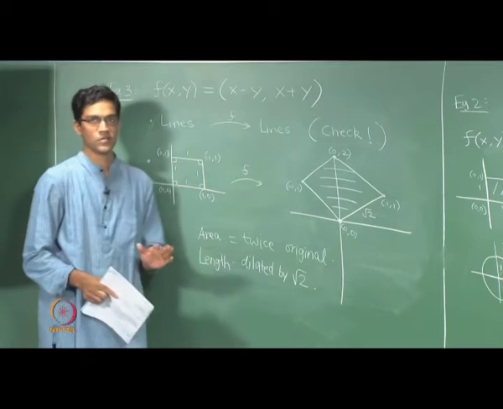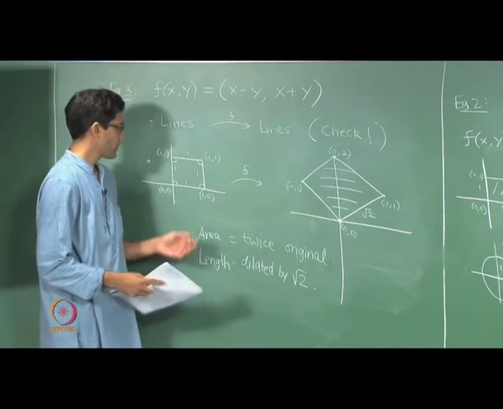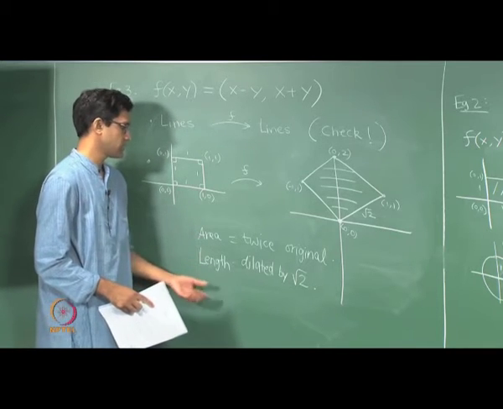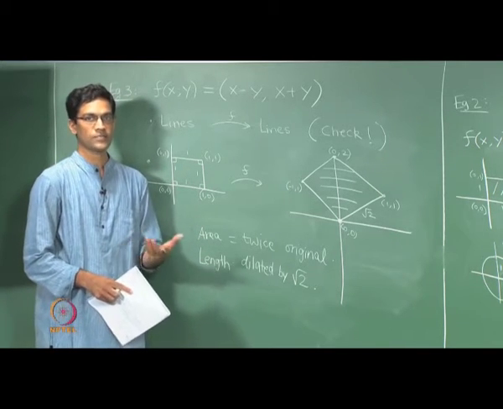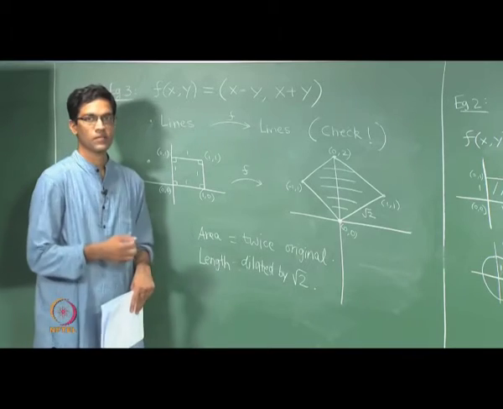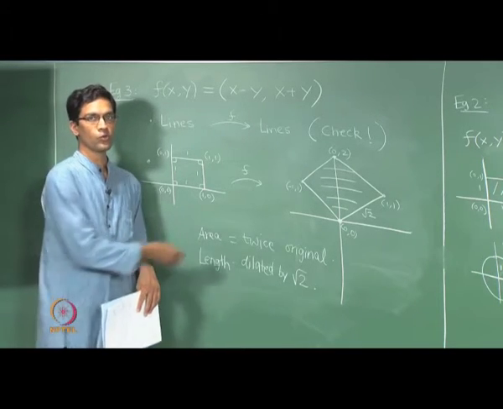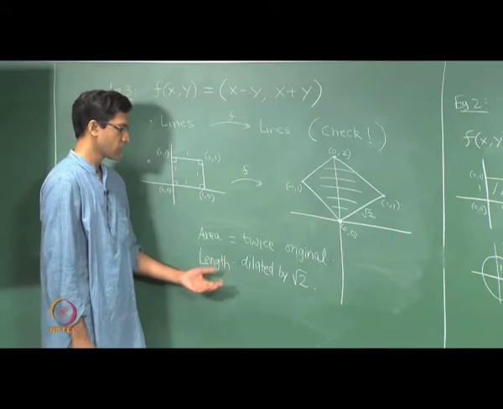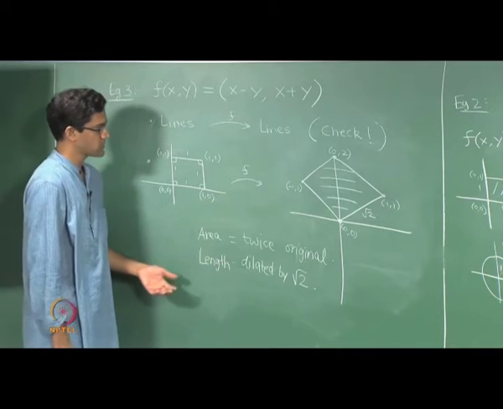This is the kind of thing that happened with dilations. When you dilated something by a factor of square root 2, lengths go up by square root 2, angles do not change, area becomes twice and so on.